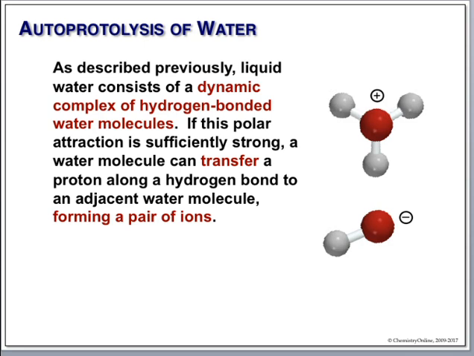Now when we do this, we have made H3O plus, that's called a hydronium ion. And we have made hydroxide, OH minus. Now, they're still sitting here. They're still hydrogen bonding. Hydronium could easily hand this hydrogen back.